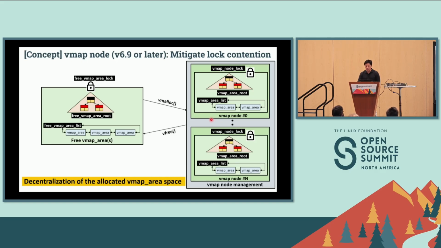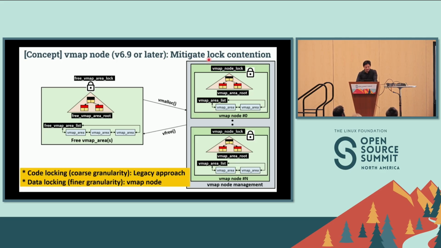As you can see, it starts from node number 0 to node number n, and each node structure has a separate tree, a linked list, and a lock.